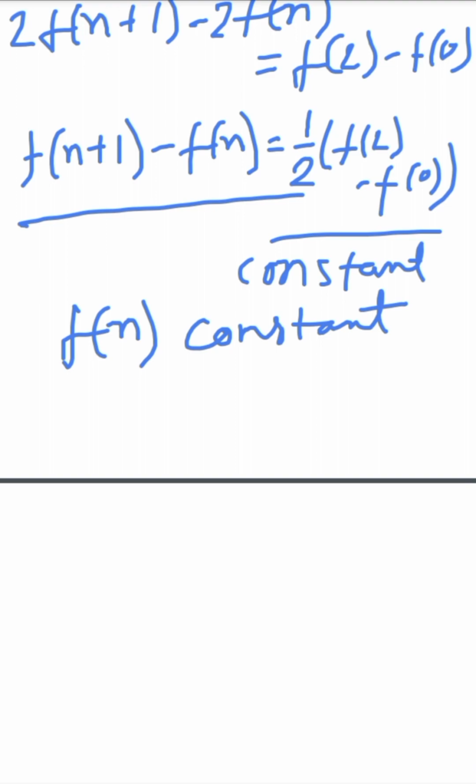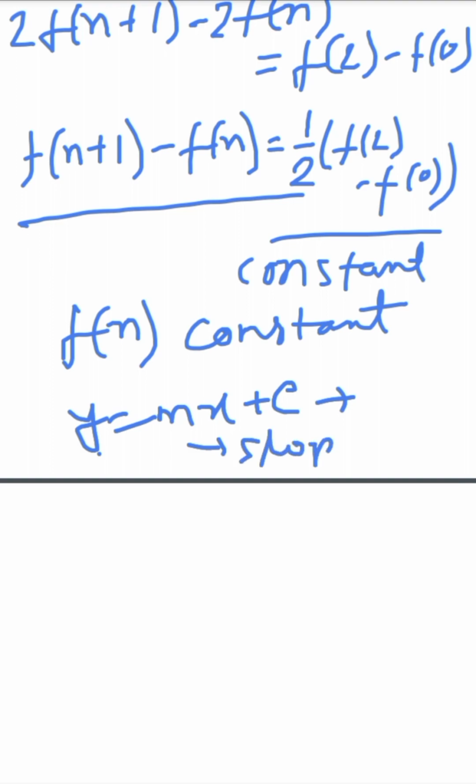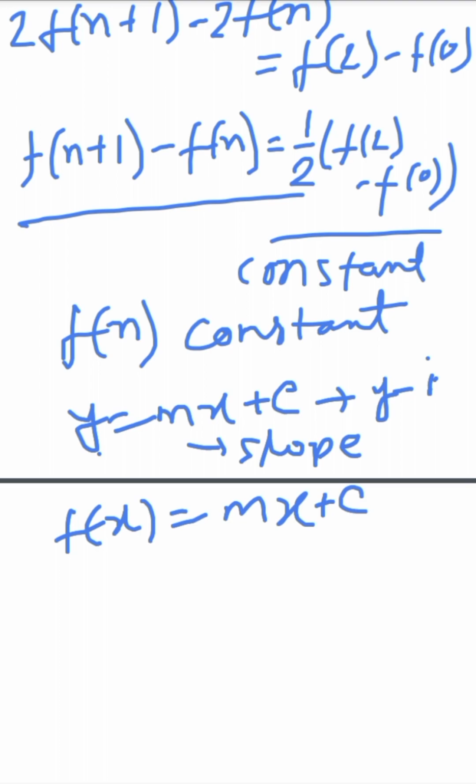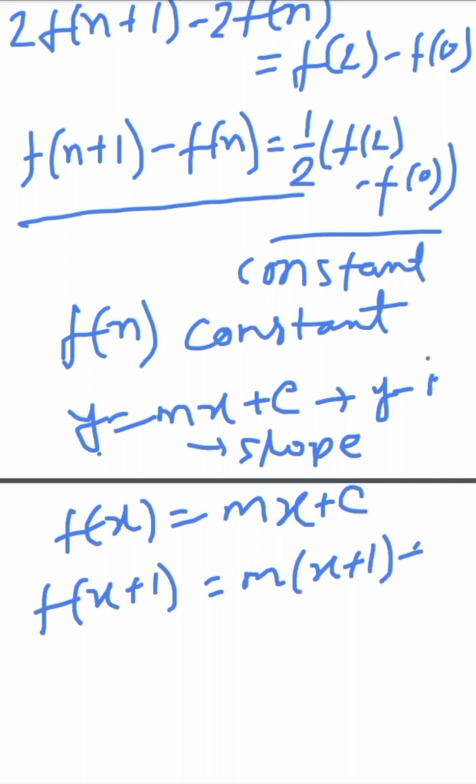So let's take a linear function in the slope intercept form, that is y = mx + c. We all know this is the slope and this is the y intercept. So f(x), we can take as a linear function, f(x) = mx + c. Now f(x + 1) equals m(x + 1) + c, and f(x) is simply mx + c.